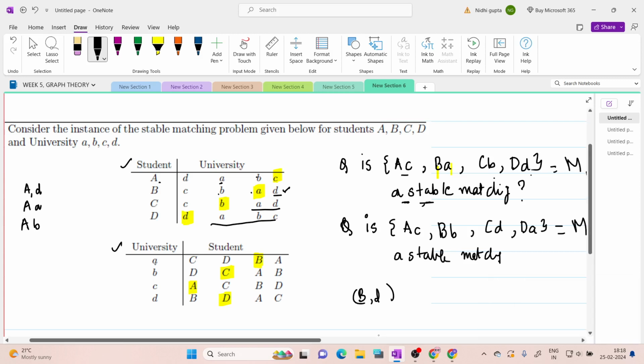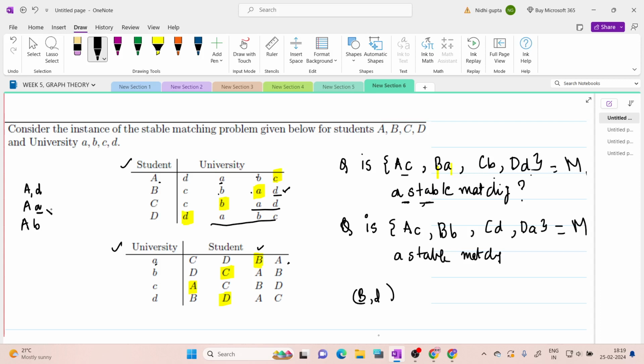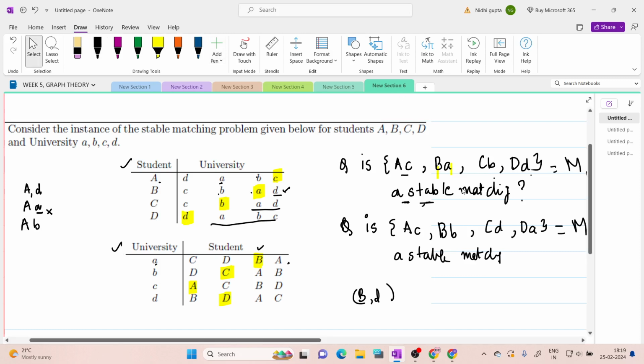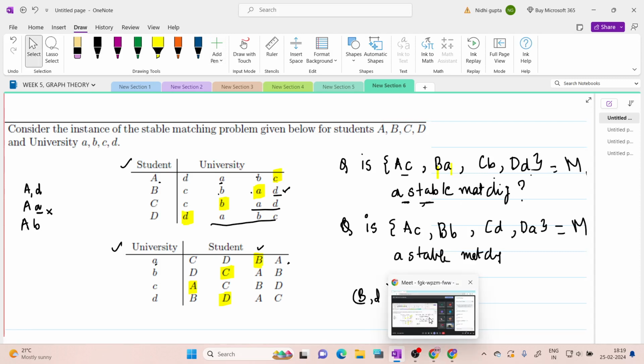But if university A is getting capital A, is university A better off? Is university A happy with the new choice? No, because A prefers B over A. So in this case A is not happy. So AA is also not a blocking pair.